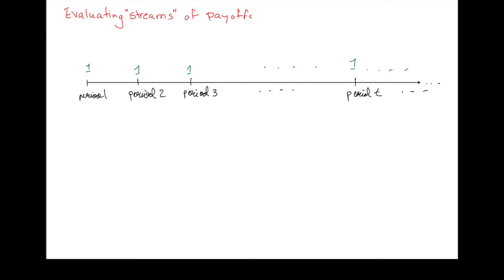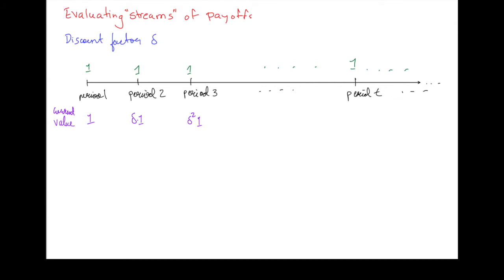Let's suppose your discount factor is delta. Then your first period payoff, 1, from today's perspective, is worth 1. So the current value of the first period payoff in the first period is 1. What's the value of the second period payoff in the first period? We discount future payoff by delta per period. So it's delta times 1. The third period payoff is delta squared times 1, because from the perspective of period 2, the third period payoff would be worth delta times 1.